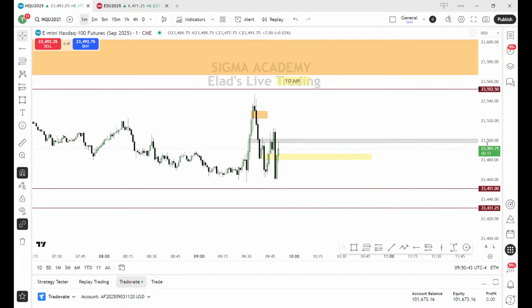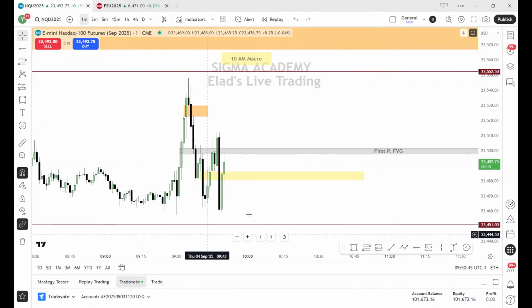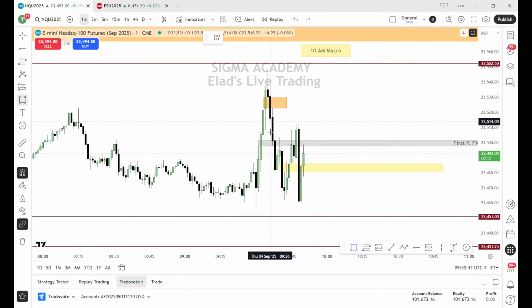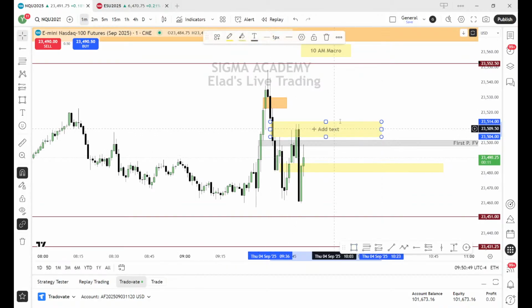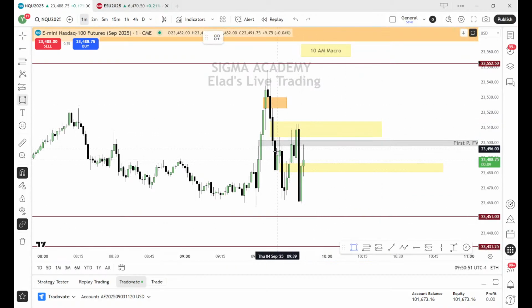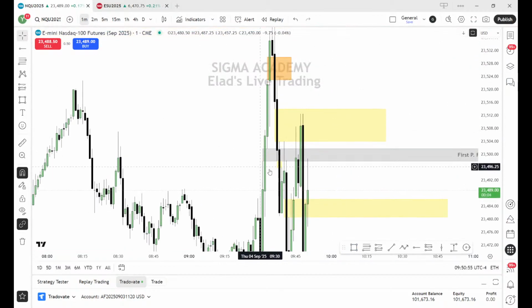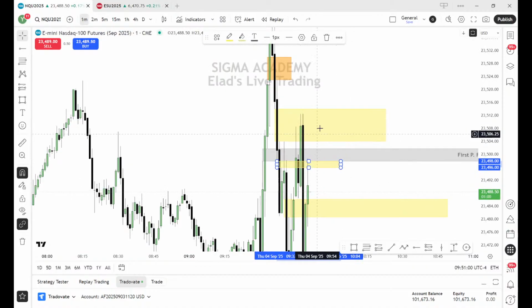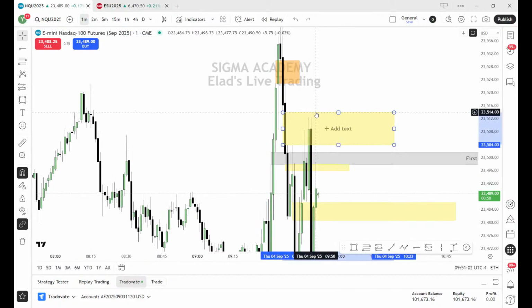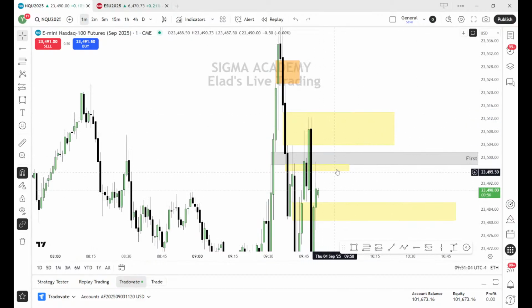To show you something, once you have one by one fair value gap, you see right here and right here, most of the time you can expect from the second one to reject the price.